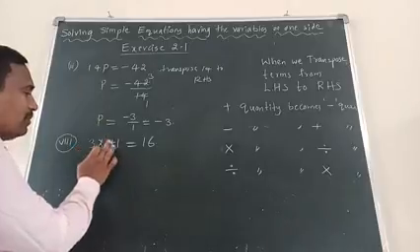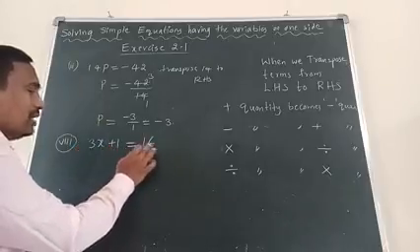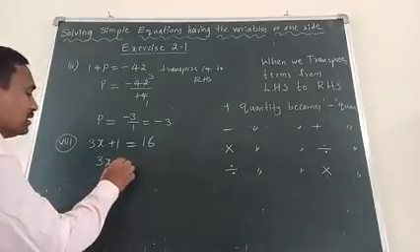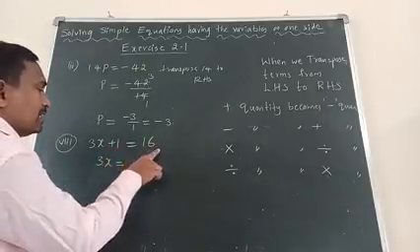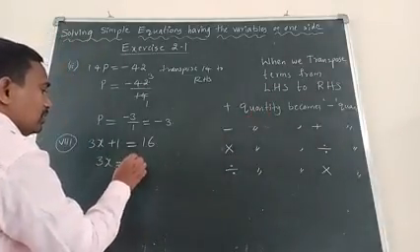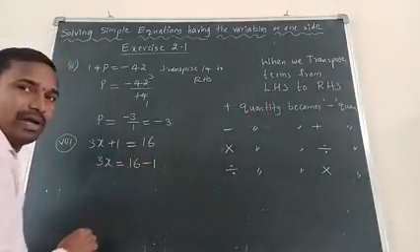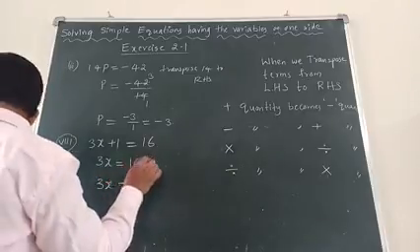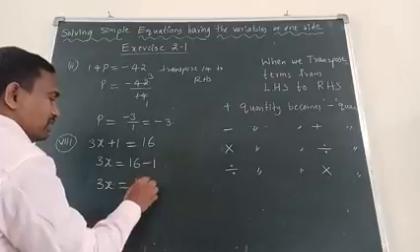What is the other term? Plus 1. Transpose plus 1 to RHS. By transposing, the plus quantity becomes a minus quantity. So 3x equal to 16 minus 1, which is 15.